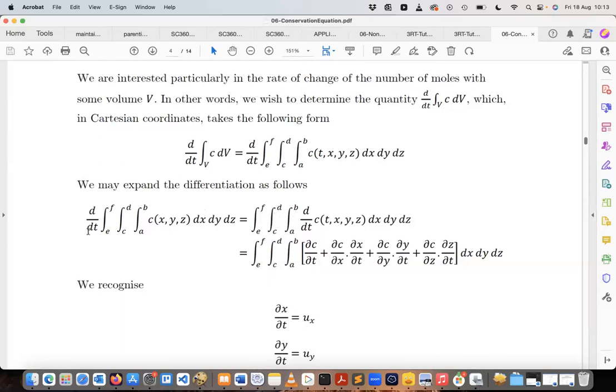And then we can imagine that the derivative of this integral over the whole volume, basically the derivative of the number of moles, we can also get by taking the differentiation inside of the space. Because the boundaries of the space are fixed, right? We are integrating from A to B and C to D and so on. We don't need to worry about derivatives of the limits. There are cases where you do have to worry about that.